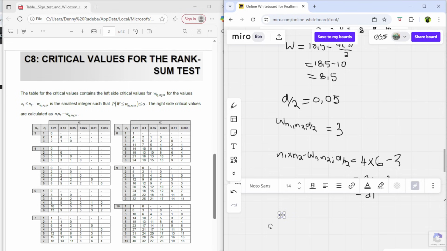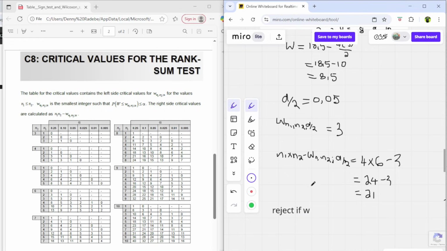Reject if W is less than or equal to the first critical value.